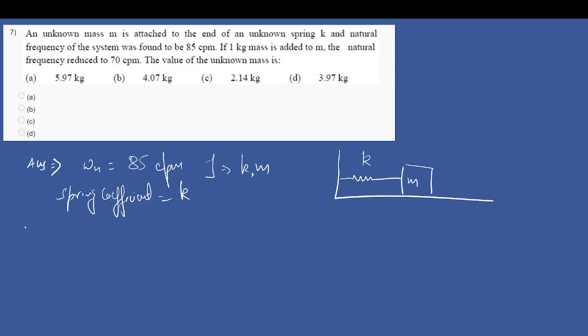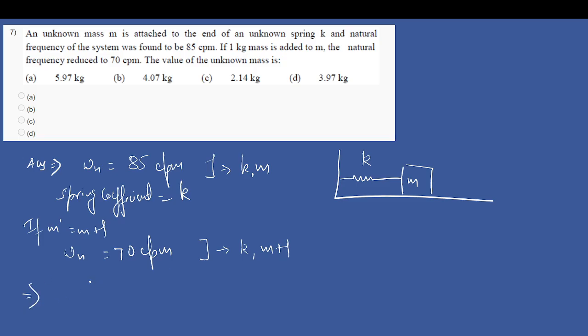Now they are saying if m dash, the new mass, is equal to m plus 1, then the natural frequency omega n is reduced to 70 cpm. So this is for the case k comma m plus 1.